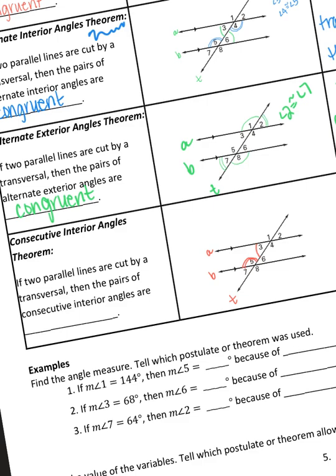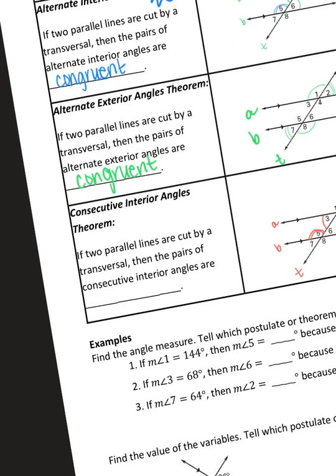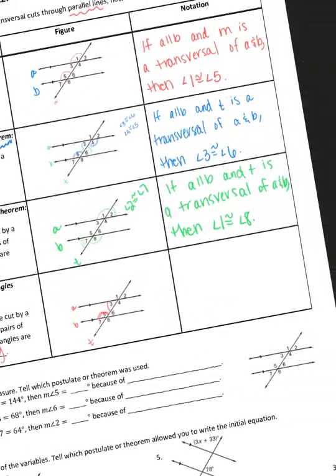So if it's acute and obtuse, then the relationship for the consecutive interior angles theorem, again, this is a theorem meaning it can be proven, is if two parallel lines are cut by a transversal, then the pairs of consecutive interior angles are supplementary. All right, so we are changing our course. The other three angle pairs were congruent, but this pair of angles adds up to 180 degrees.